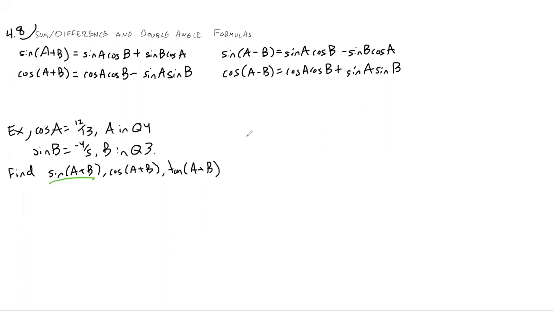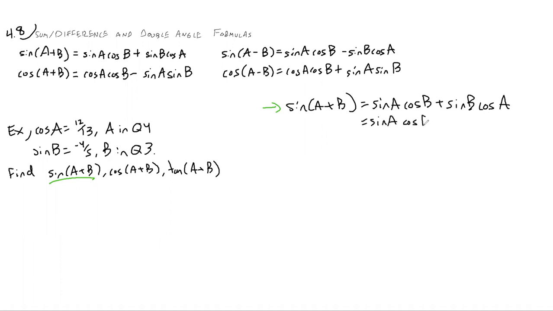All right, a good place to start would be to write out some of these formulas. So let's start with sine. Sine of A plus B, I'm going to write out the exact formula: sine A cos B plus sine B cos A. And we actually have two of these values already. I've got cos A and sine B. Sine B is negative 4 over 5, and cos A is 12 over 13.